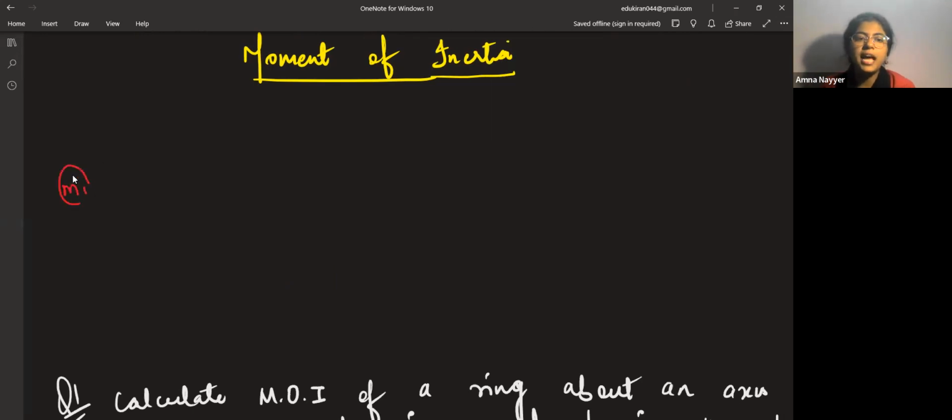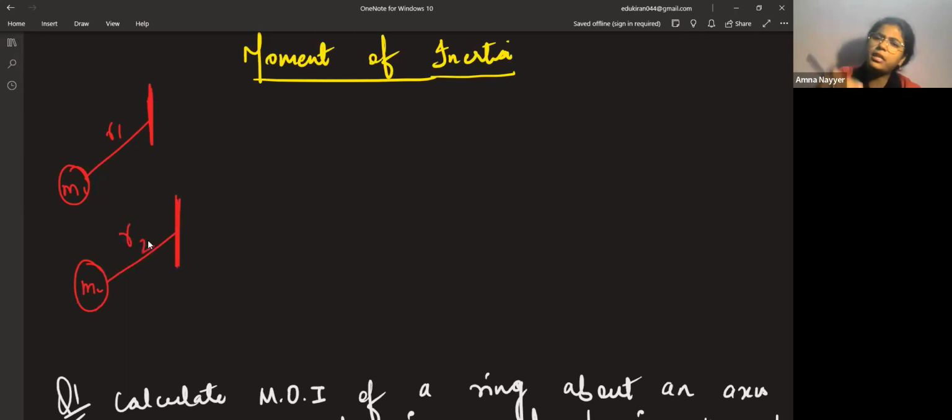For example, I have one mass and I want to calculate moment of inertia here. Mass is m1, and the separation from the axis is r1, that is the position vector. Then again I have mass 2, and again there will be a separation from the axis of rotation, then m3, m4, m5, up to m nth.